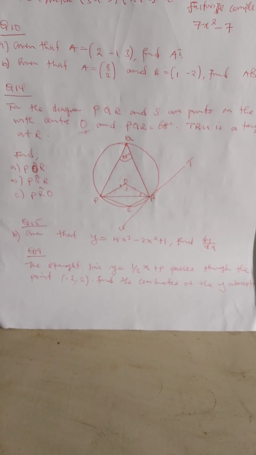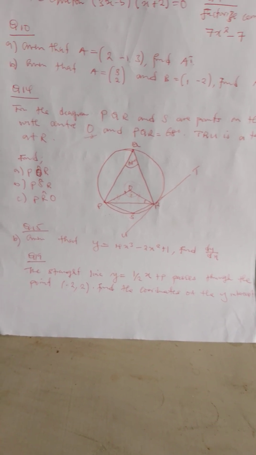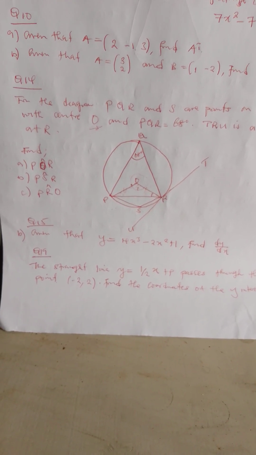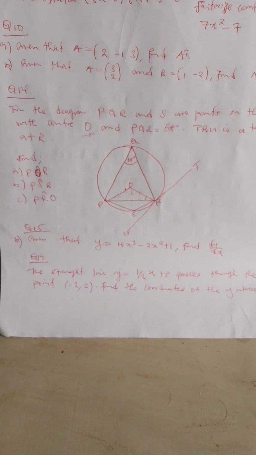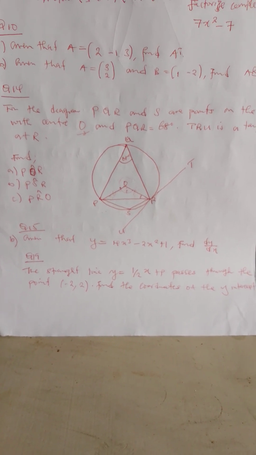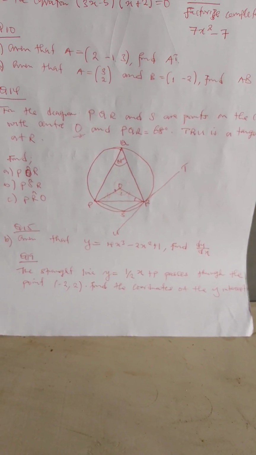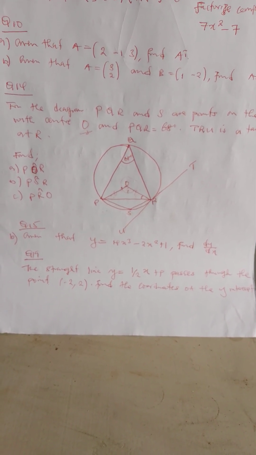That was question 15. So here it is question 19. Question 19 reads, a straight line y given by the equation y = 1/2 x plus p passes through the point negative 2, 2.